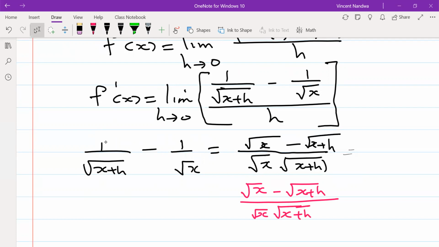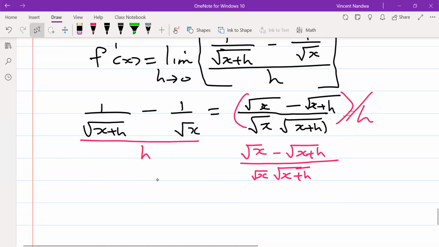So I remember I have to divide everything here by h. So we are dividing this by h. So if I'm multiplying by h, it's like 1 over h, okay? Then let's see how the h is going to cancel out.